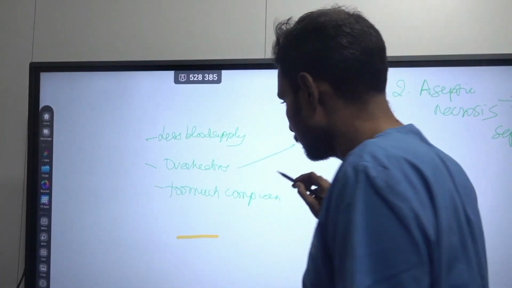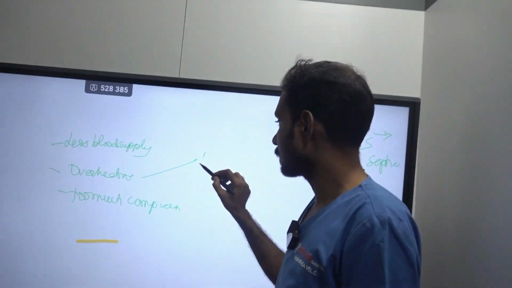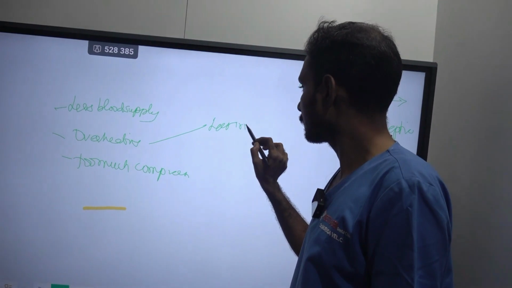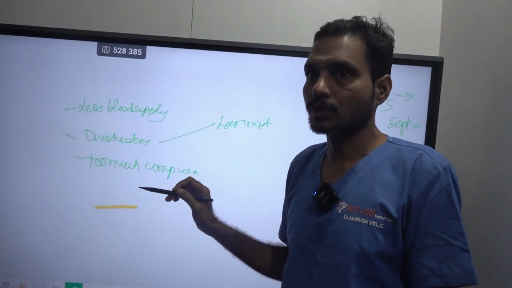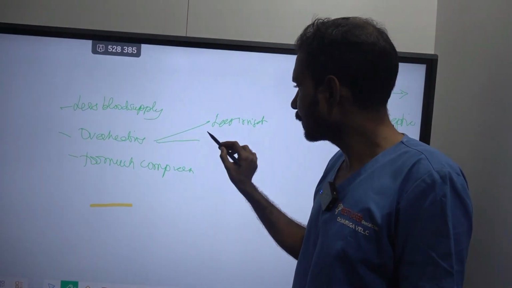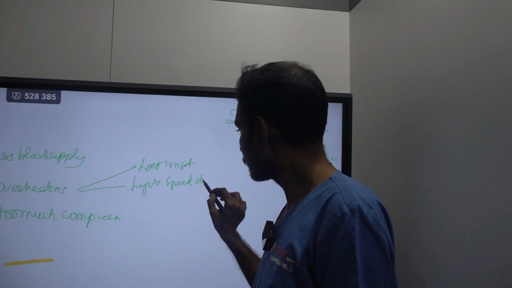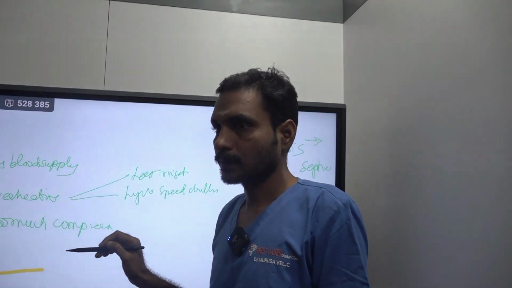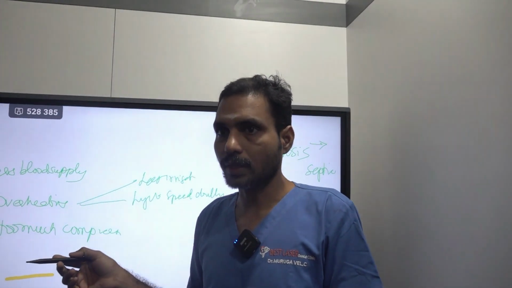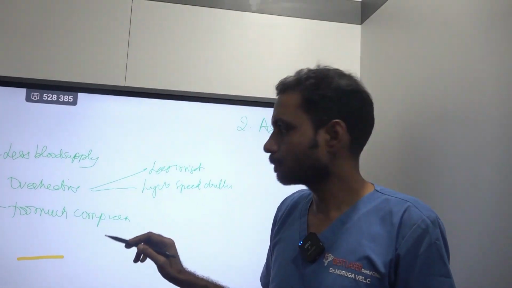So overheating because of what? Irrigation. No irrigation or less irrigation. Then what is another reason for overheating? High speed drilling, using a 1:1 handpiece. What we are using is 1:20, but some doctors are using 1:1. There is an inbuilt risk.